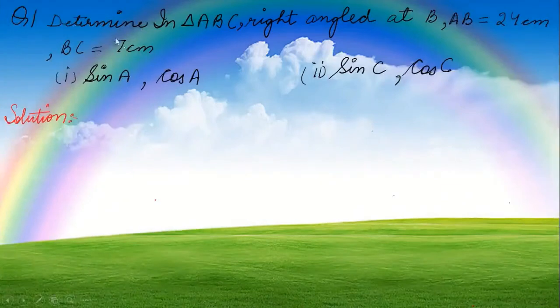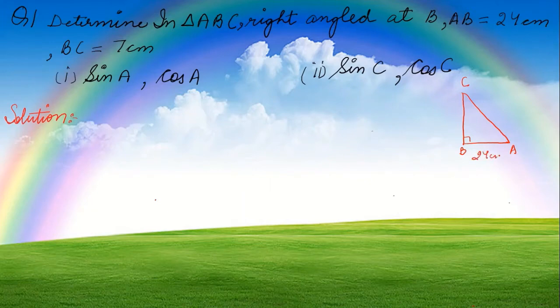So the first question is: determine, in triangle ABC right angled at B, AB is 24 centimeter, BC is 7 centimeter. Then we want to find out sin A.